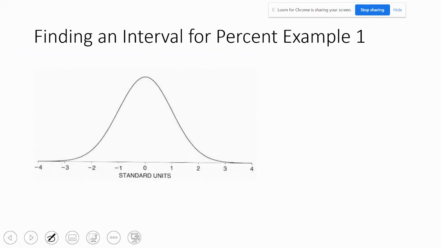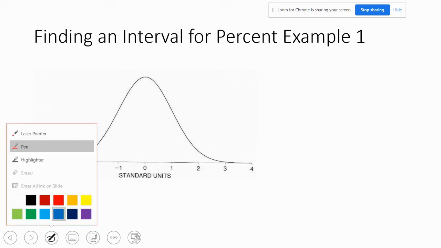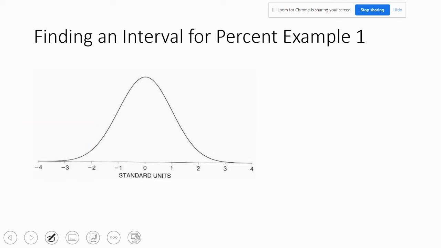Okay, so here we have the example set up. You always draw the normal curve, and they're always going to give you some information. So in this case, they'll say the mean is 7.5 ounces.